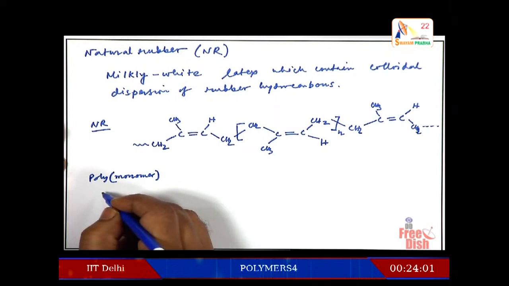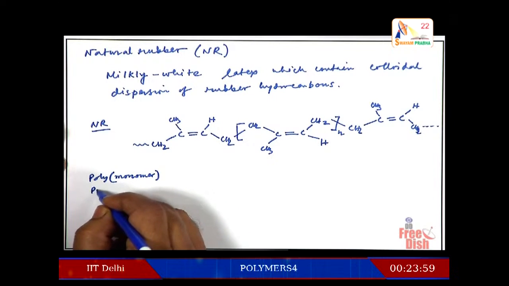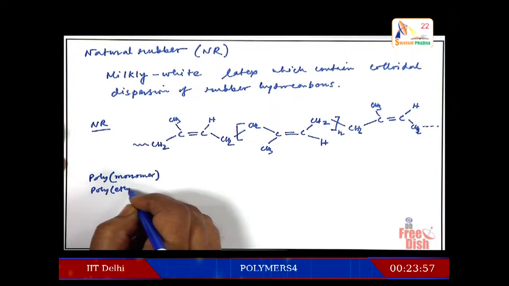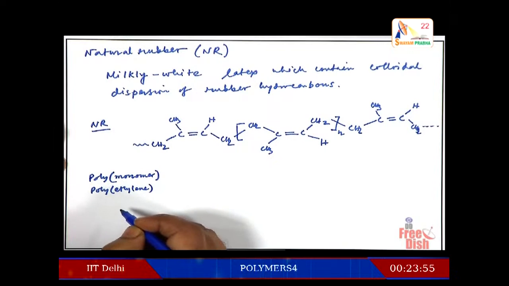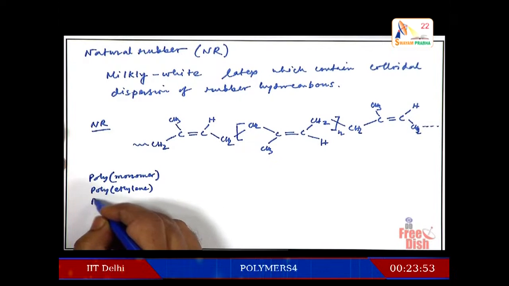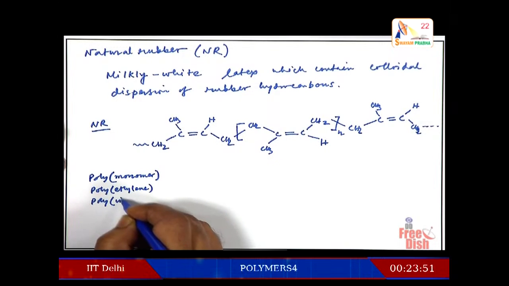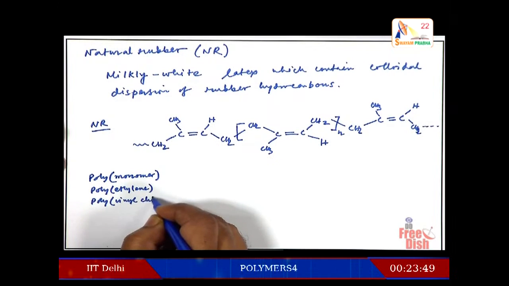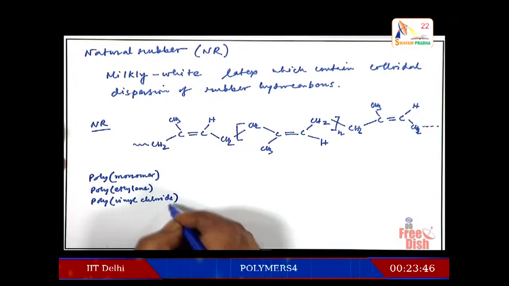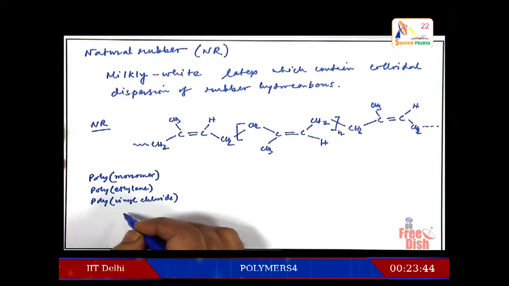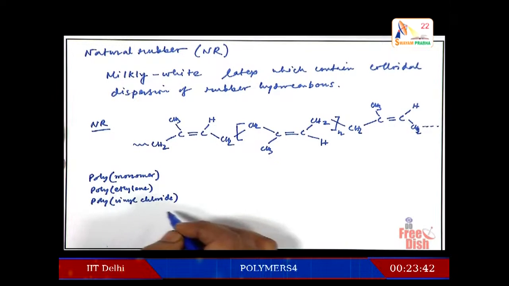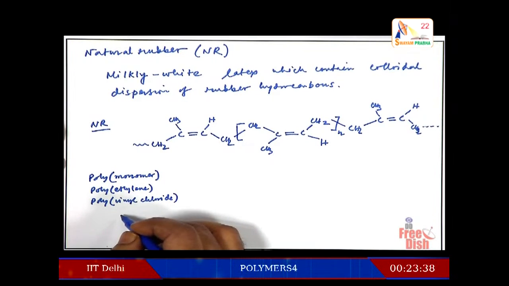If ethylene is the monomer, we write polyethylene. Vinyl chloride is the monomer, so we write polyvinyl chloride. Styrene is the monomer, so we write polystyrene. If ethylene glycol and terephthalic acid are the monomers, and you obtain an ester from that, we write polyethylene terephthalate.